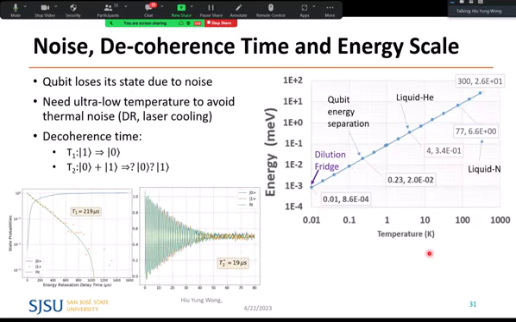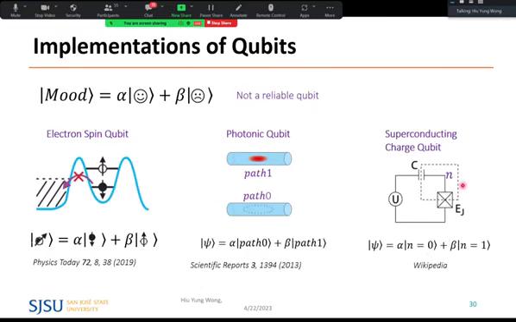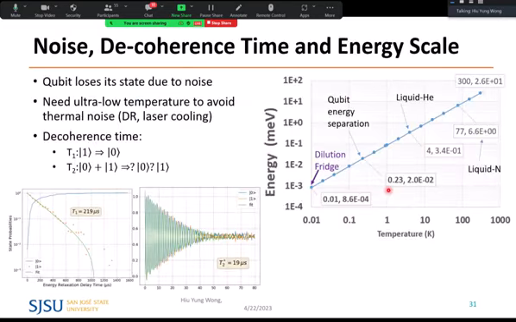Okay? Now, no matter what you use to implement, maybe not for photonics, they only have a very small energy difference between the 0 and 1 state. And because they interact with the outside world, they can lose their state due to decoherence. On the right, I'm showing you the energy scale as a function of temperature.